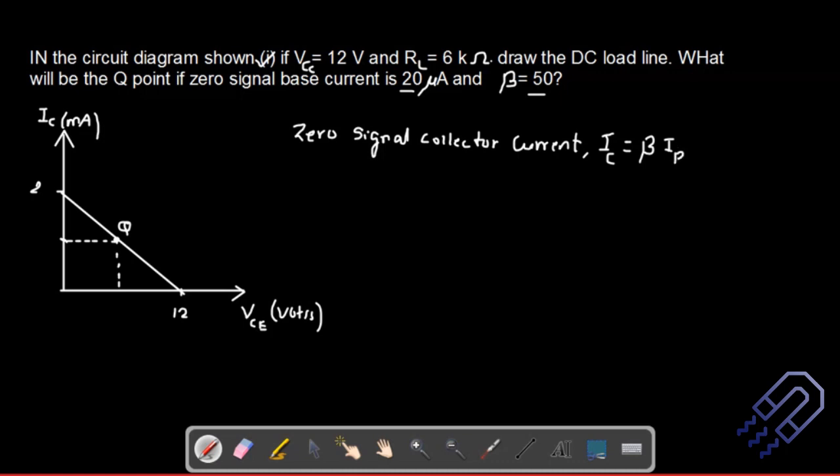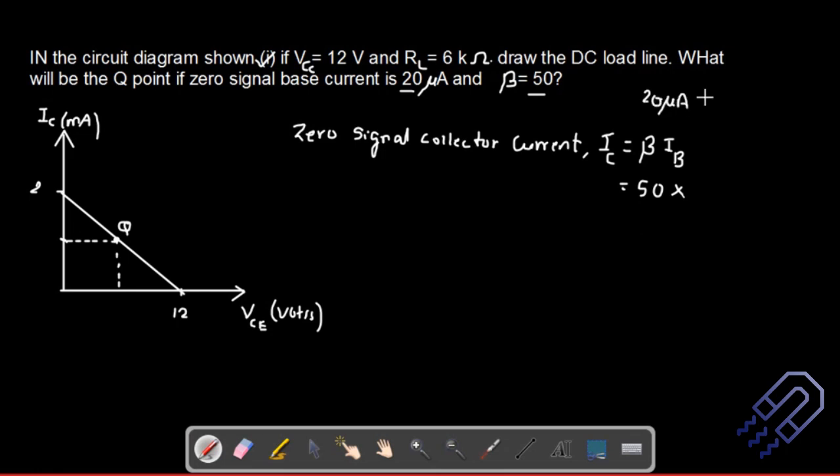So beta is 50. That's just a factor, and then we have got IB, which is 20 microamps. So if we just do this calculation, or probably we can just do it this way, since we are talking only about milli. You can just simply write it down as 20 microamps.